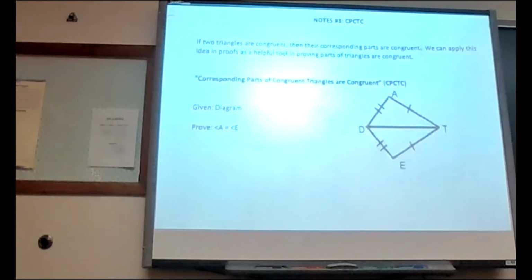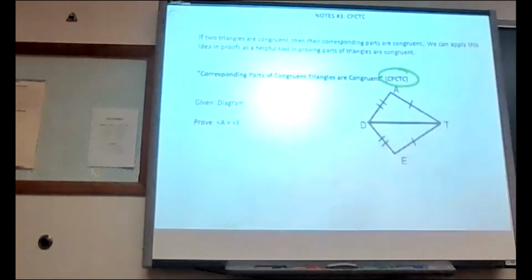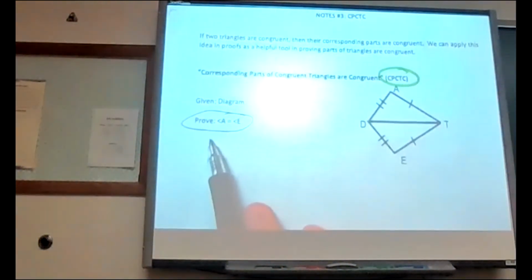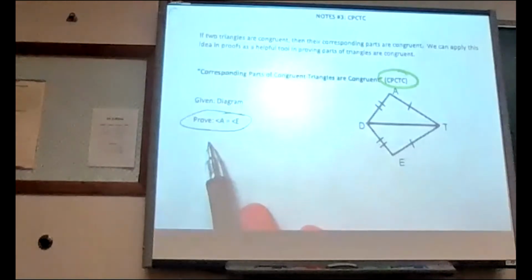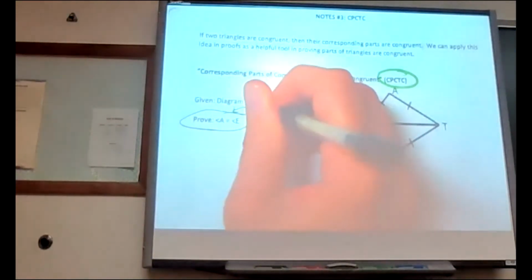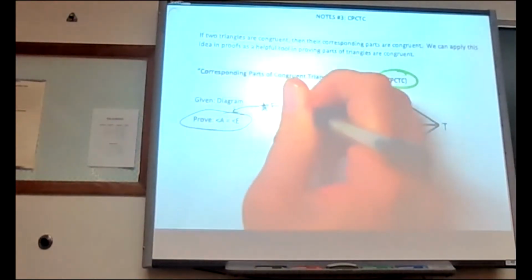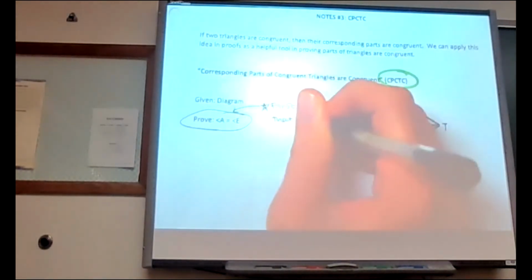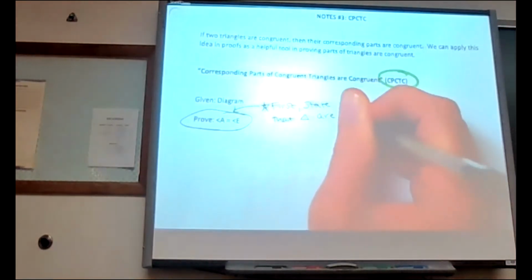So what we can do is add a layer to our proofs. Notice it now doesn't have prove that the triangles are congruent. This is proving that angle A and angle E are congruent, which are matching angles in my triangles. To do this, first I need to state that the triangles are congruent.